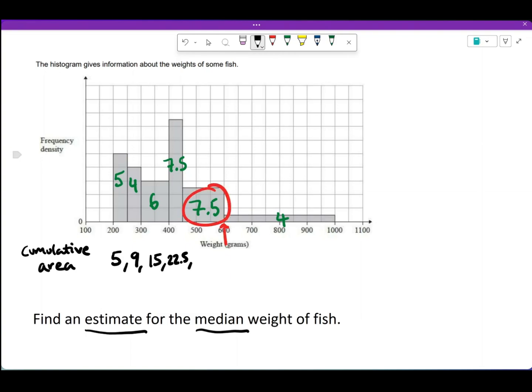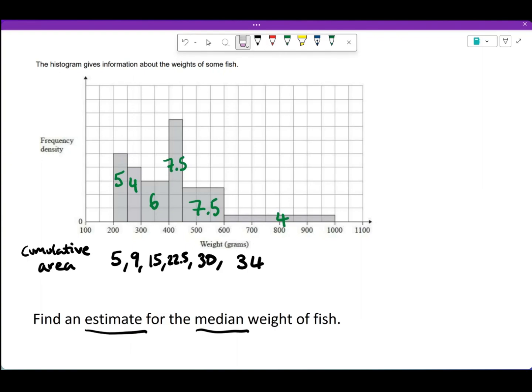So 7.5 added onto the 22.5 would give me 30. And then for my final class, we're adding in another 4. So we're going to end up with 34 in total once we get to the end of my final bar, because we're adding 4 onto 30. So we've got the total area of all of the bars, which is 34, and we have all the cumulative ones up until the end of each bar.